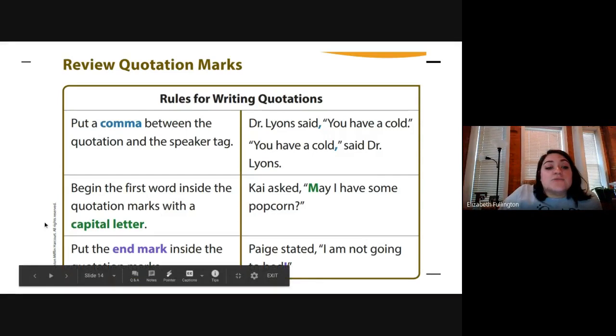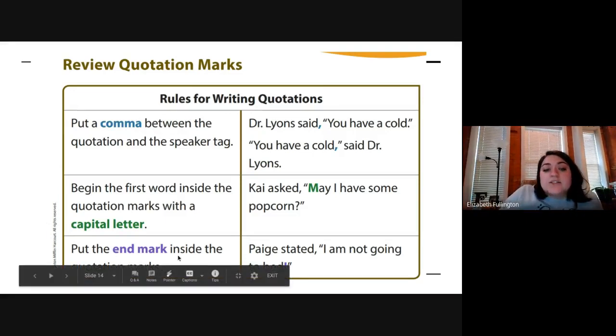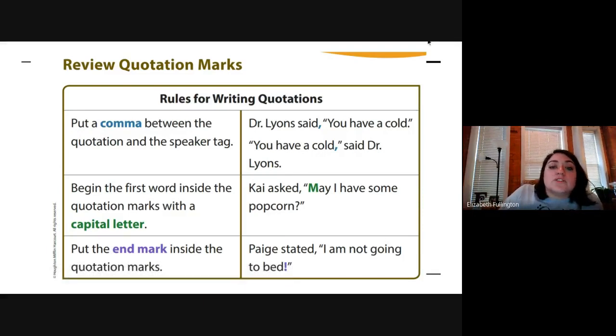The last rule says put the end mark inside the quotation marks. So you make sure that end mark always goes in the quotation bubble, okay? So it's in here in purple. It says Paige stated, I am not going to bed, with an exclamation point, and they made sure to put it in the quotation bubble. So those are just the 3 rules for writing quotations.